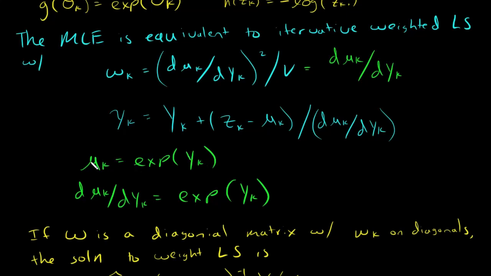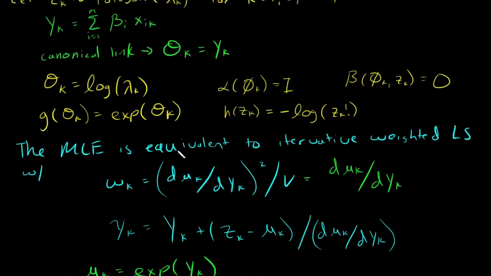And then once we have that mu, we'll be able to find d mu dy, and we'll be able to figure out weights. So we'll have that diagonal matrix of weights, and then we'll be able to figure out this lowercase y, based off of what mu is, and d mu dy, and capital Y. What will we set capital Y to be first?